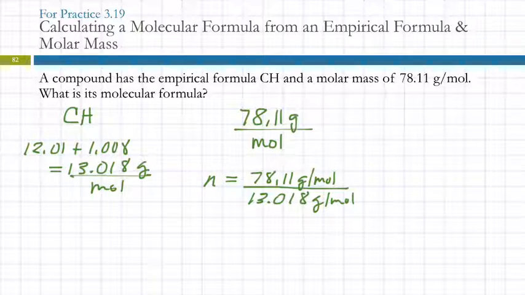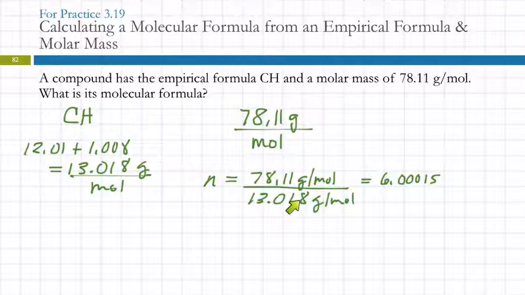So 78.11 divided by 13.018 equals... my calculator is telling me 6.00015. We will never have to multiply this or do anything with this. This should come out very close to a whole number. So that's going to be 6.